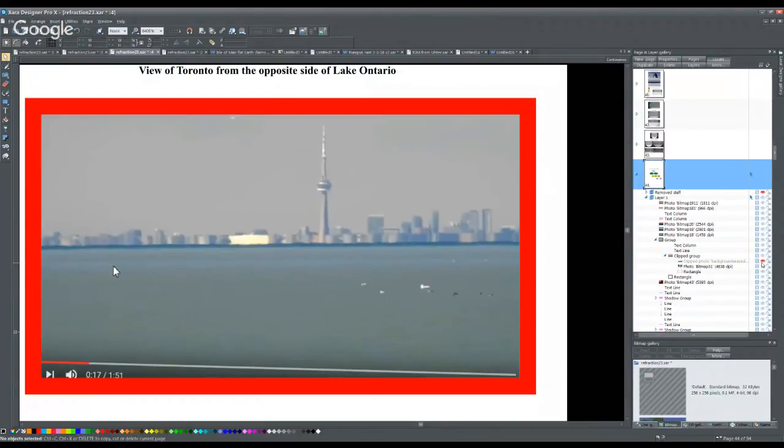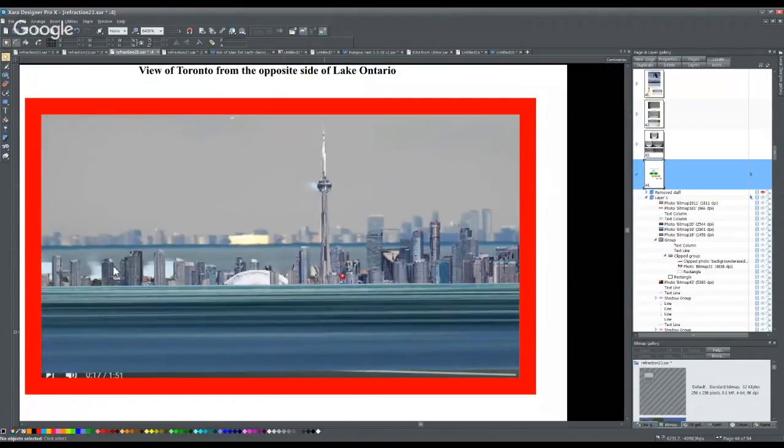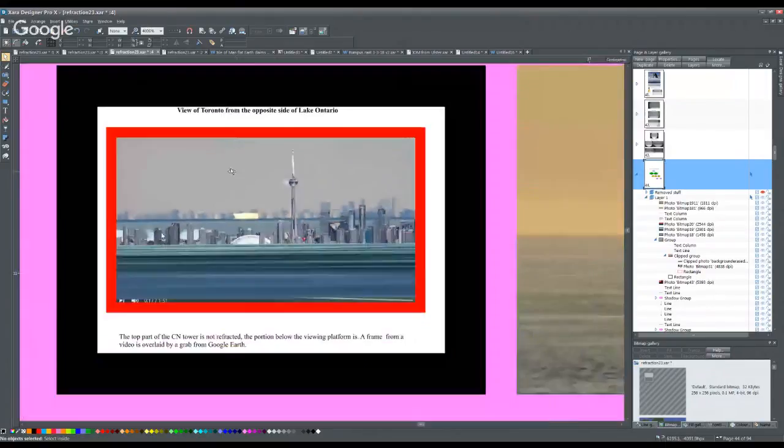What you can see by me overlaying the Google Earth version is that this part is not refracted at all, but from here on downwards it's refracted severely, to the point that this is all compressed. So this building here, for instance, is this building here, and this tower is here. Even though this bit matches, this area doesn't. It's all being compressed into this point here. That's something called towering, which is a more extreme version of looming.